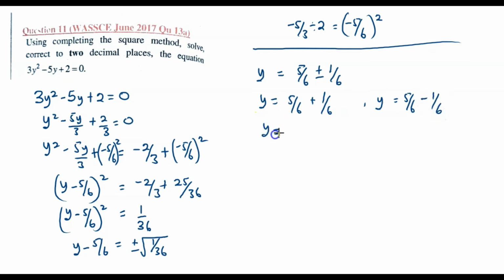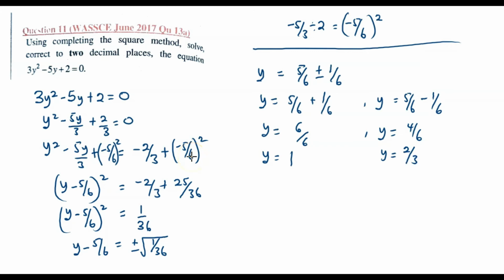So y will be equal to either 6 on 6, which is the same as 1, or y will be equal to 4 on 6, which is the same as y equal to 2 on 3.